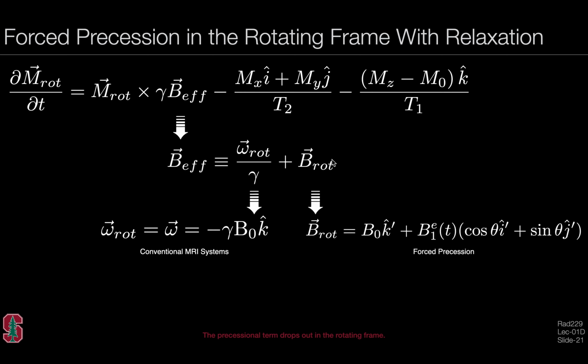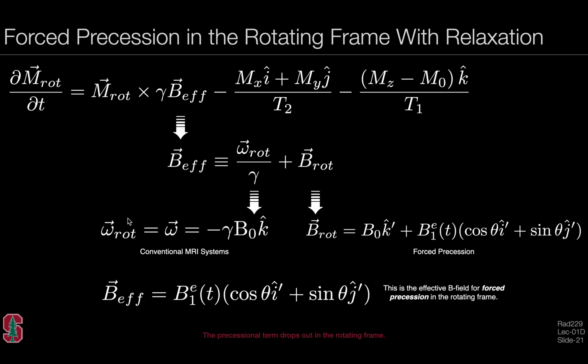But now we need to use a different rotational externally applied B field here. And so it's the combination now of the externally applied B0 field plus the forced precessional term in the rotating frame. So we have both of these fields being applied physically, and these are offset by this fictitious field, which gives rise again to the B effective field.